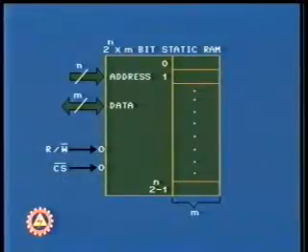If the chip select is activated, a particular chip out of many will be selected. On the other hand, when the chip select line is not activated, data lines of the chip are put into a high impedance state and the chip is deactivated.